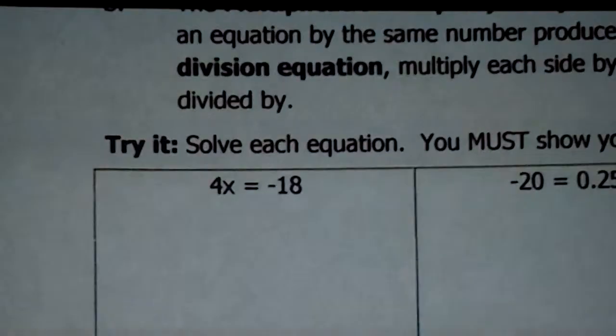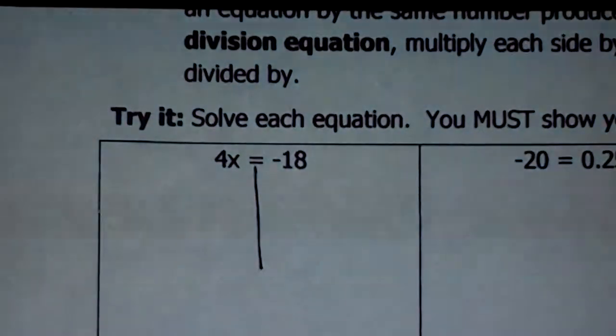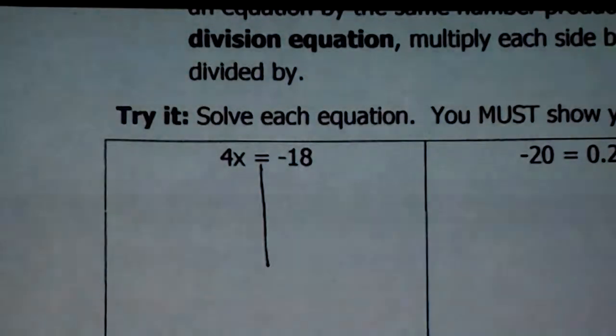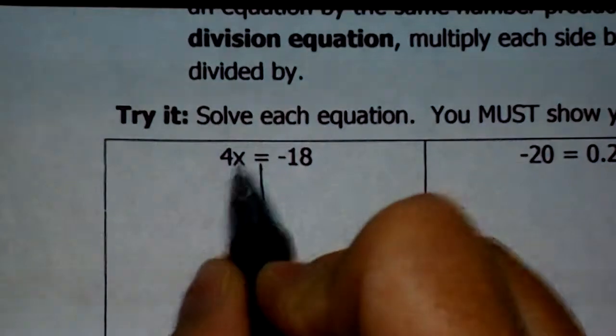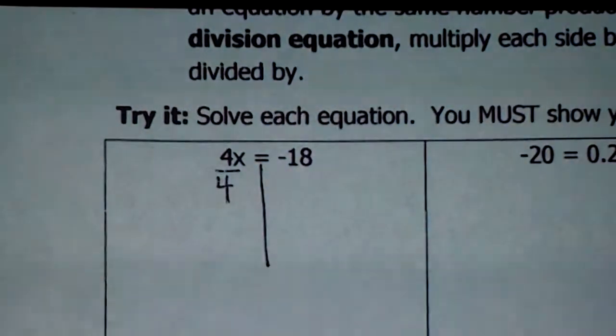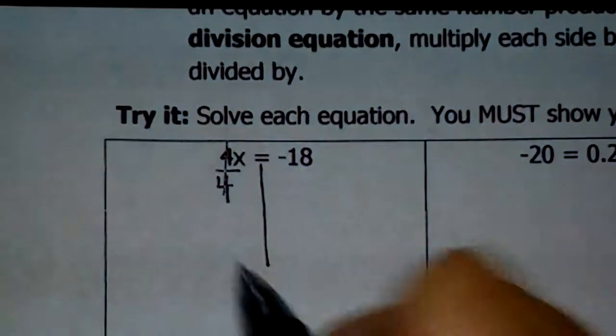All right. So in our first equation, we have 4x equals negative 18. I'm going to draw the line. It's still a balanced scale, right? I see that x is being multiplied by 4. So to get x by itself, I'm going to divide each side by whatever x is being multiplied by. Because 4 divided by 4 is 1, and 1x is x.